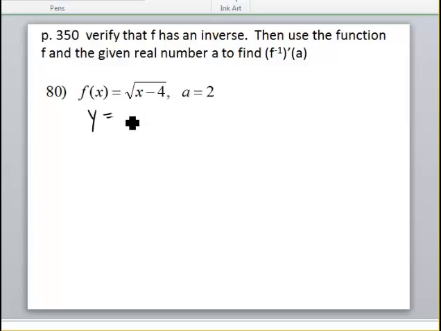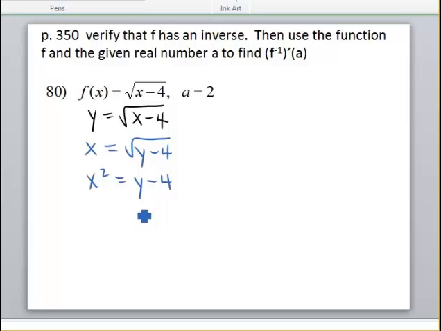I could graph this and show you. I'm just going to go ahead and find the inverse. So I'm going to flip-flop my x and my y, square both sides, and then I'll add 4 to both sides. So I find my inverse to be x squared plus 4.